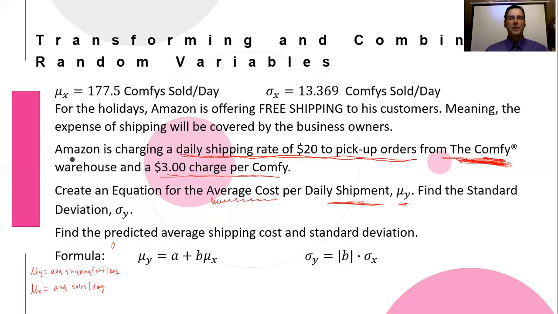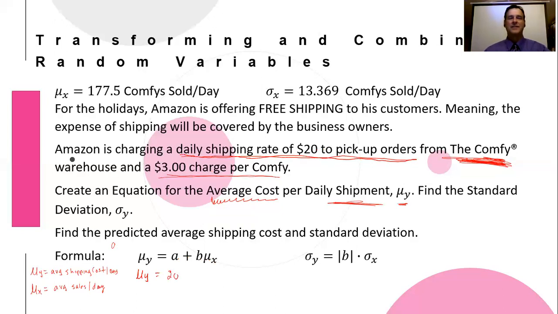Now, if I want to know the average cost, I have to be able to make an equation. And so this average cost, which is mu sub y, the average cost for shipping, is A plus B times the average amount sold, at least through Amazon. One thing we know, we said this earlier, is that there is a daily shipping rate of $20 just to pick up the orders, regardless of how many are actually sold that need to be delivered, and that is $20.